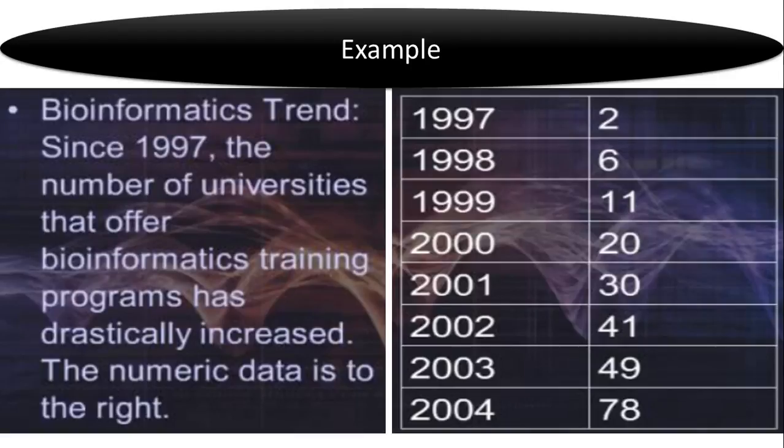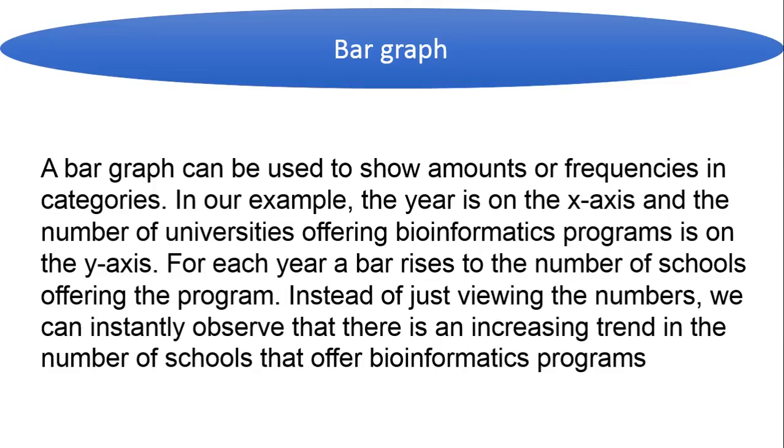So the first way to analyze and represent this kind of data can be a bar graph. A bar graph can be used to show amount or frequency in categories. So if you have categorical data and you need to make a graph, you can use a bar graph.